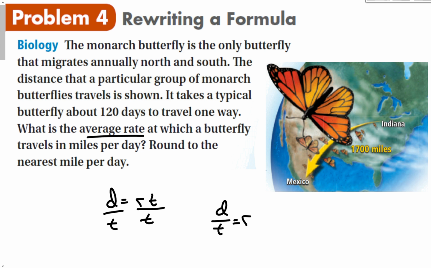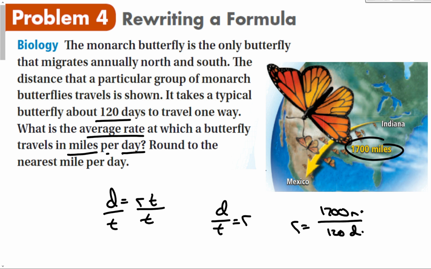So my rate is equal to 1,700 miles over time, 120 days. And this answer, miles on the top, days on the bottom, is going to be in miles per day.